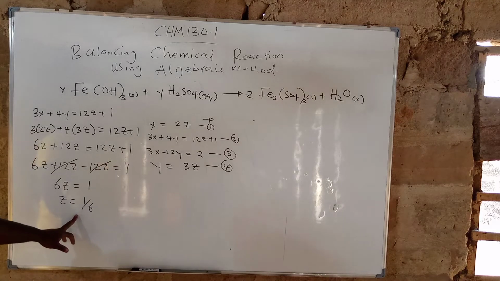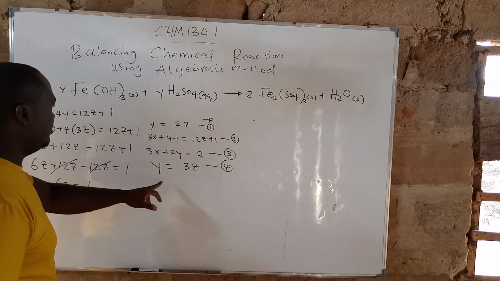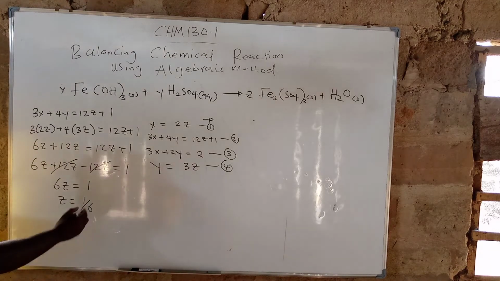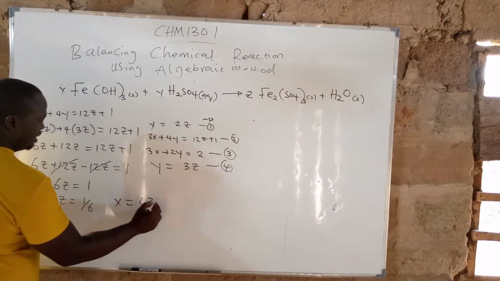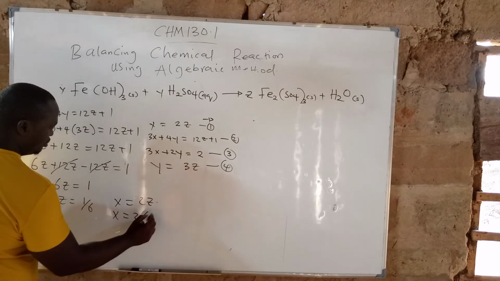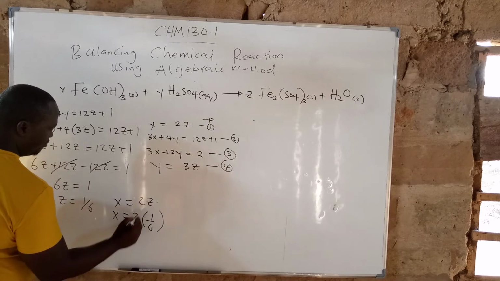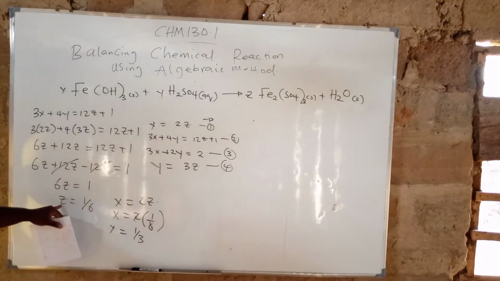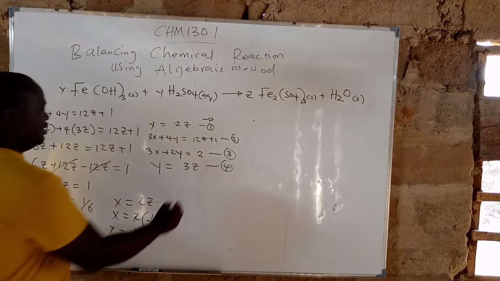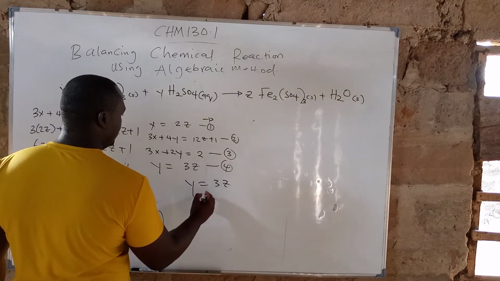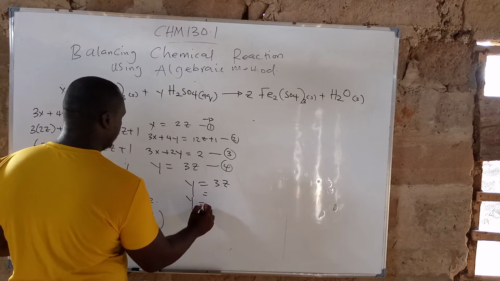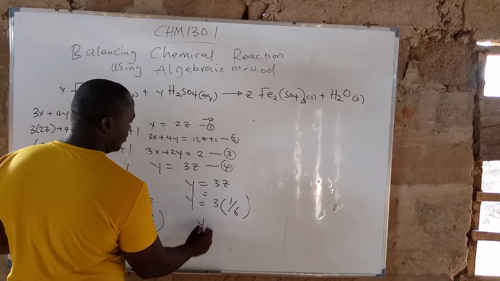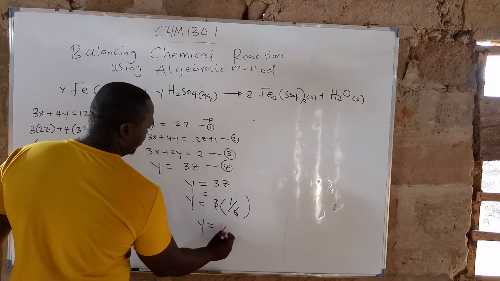And if Z is 1 over 6, that means I can get my X and my Y. Remember that X is equal to 2Z, so X is equal to 2 into bracket 1 over 6, and that will give me X is equal to 1 over 3. The next thing is Y, and Y is 3Z. Therefore, Y is equal to 3 into bracket 1 over 6. Therefore, Y is equal to 1 over 2.